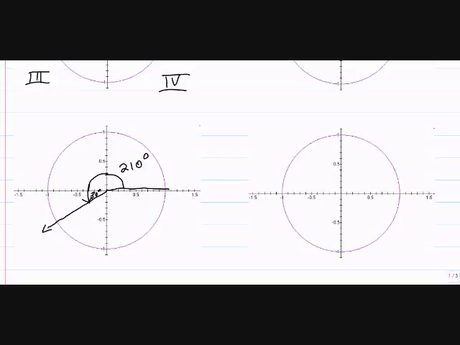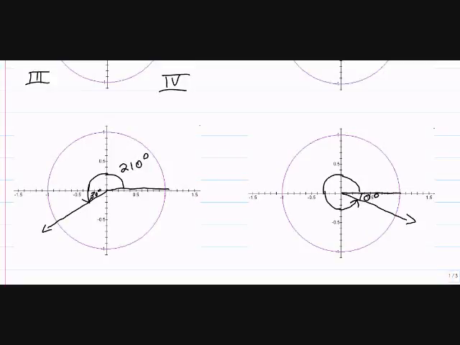And of course, I can go into the fourth quadrant. Let me go right here. Let me say this is maybe 10 degrees between that angle and the x-axis. So I'm going to start in my standard position, and I'm going to go around 90, 180, 270, plus another 90 degrees.